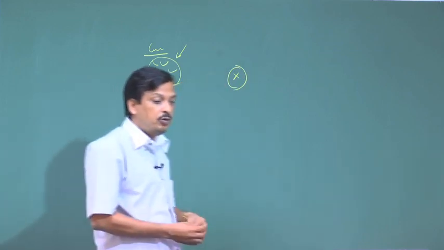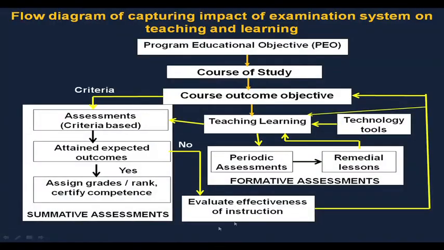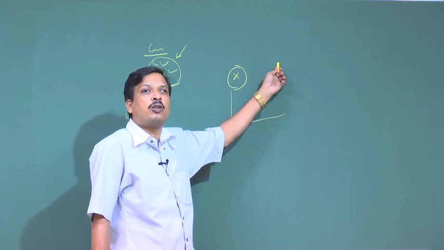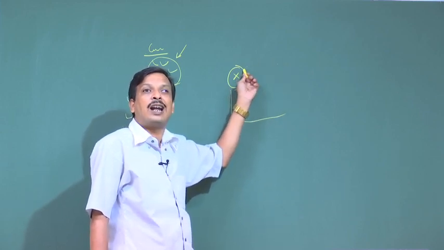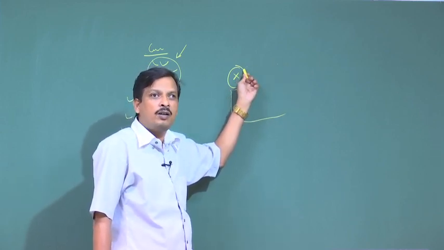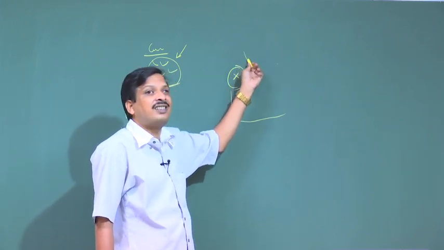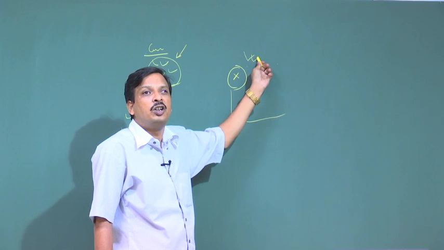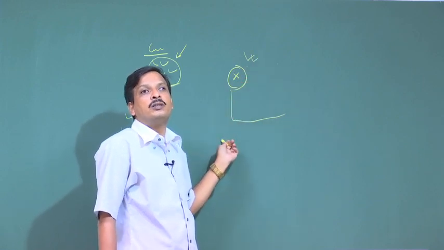I can see, in the diagram, evaluate the effectiveness of the instruction. That means attainment has not been done, that is, none of the students can achieve the course goal. So, either there is a problem in my teaching learning process, so that students do not acquire that skill, or maybe I have set this skill so high that it is not achievable within this coursework.